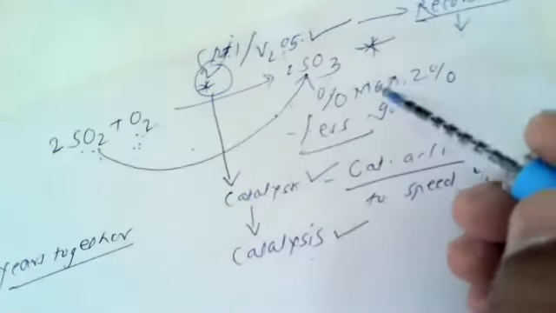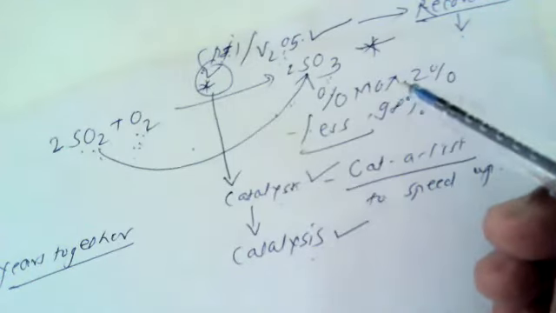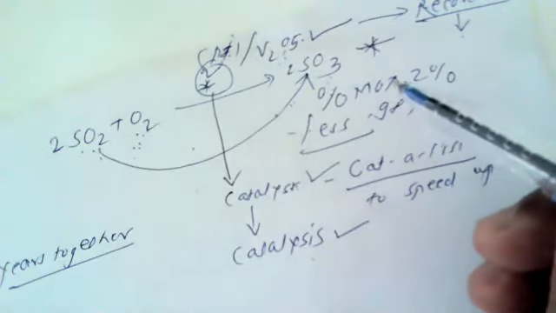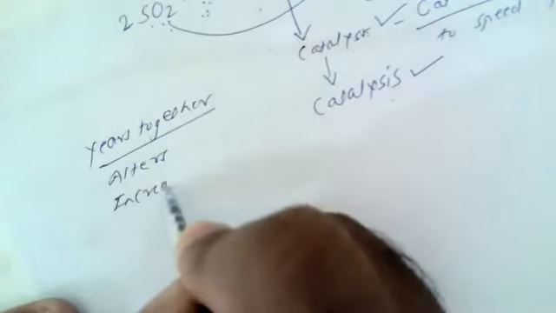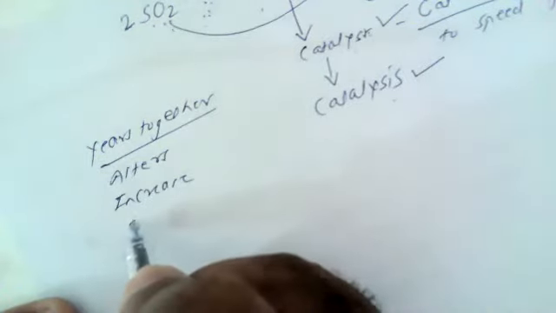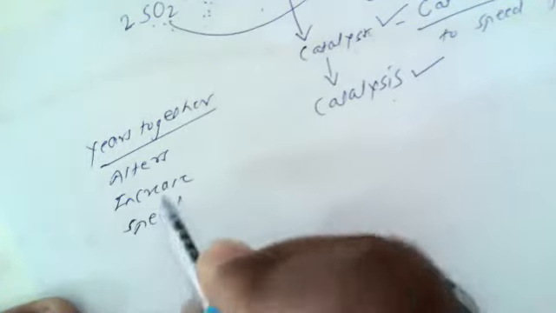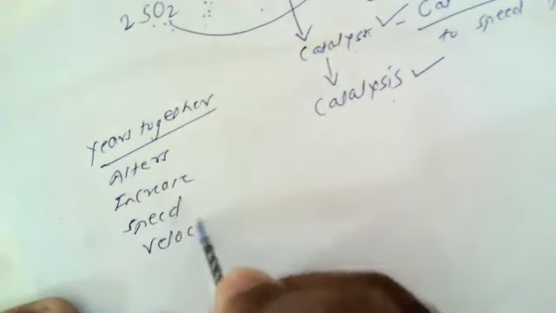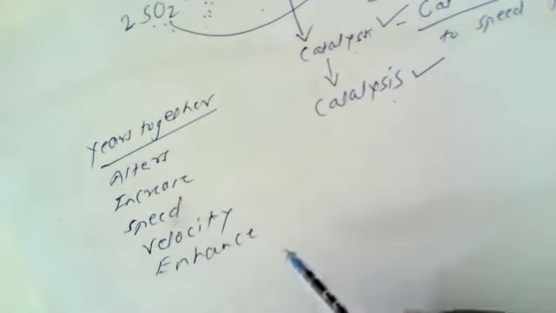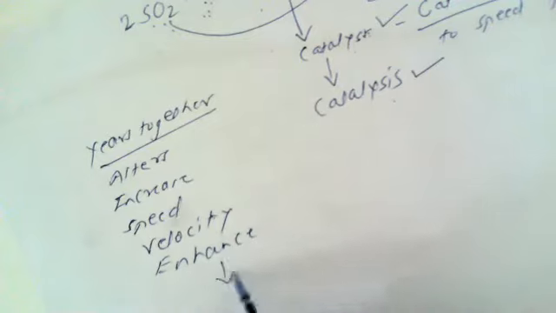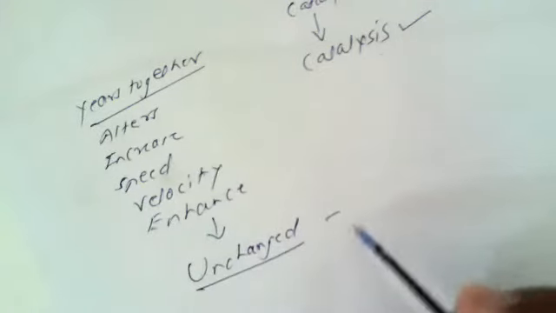In simpler terms, we can define the phenomenon of catalysis as follows. You have to remember these words: any substance which alters, alter means to change, or increases the speed or the velocity of a reaction, or enhances the speed of a chemical reaction and which remains chemically unchanged, is known as the catalyst.